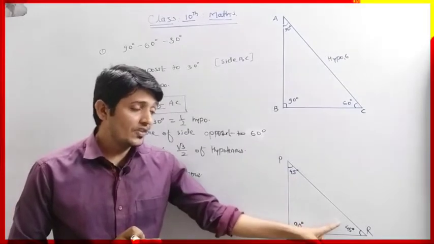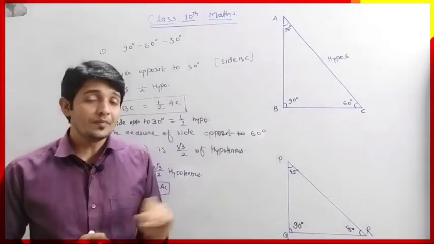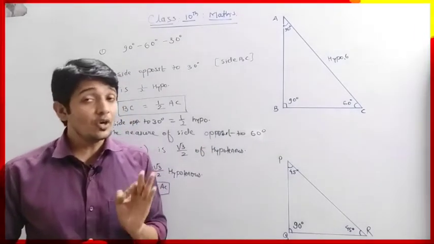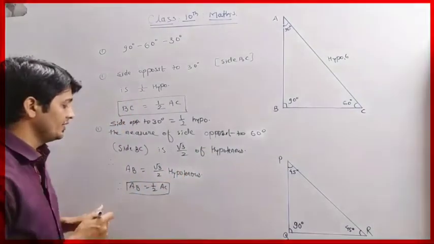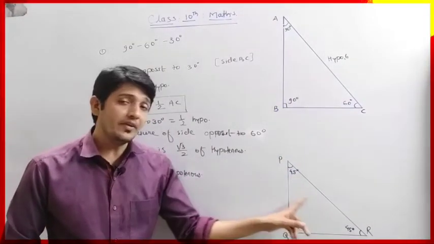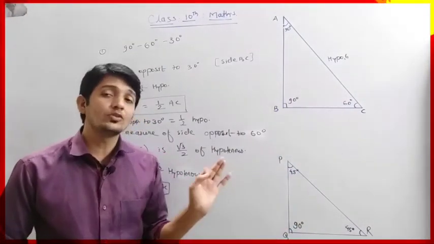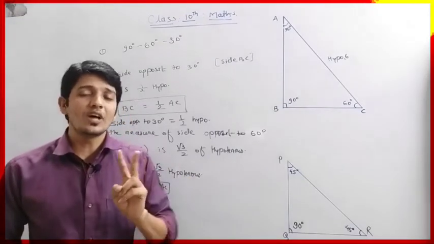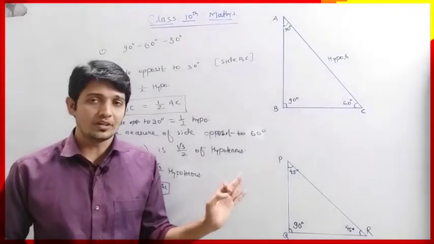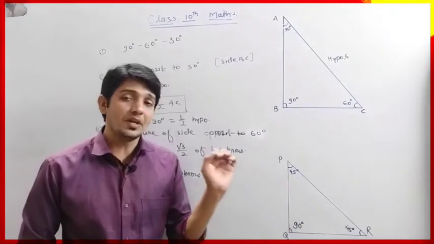These two other angles are acute angles and their measure is each 45 degree. So if both of these are 45 degree, that means this is an isosceles triangle where two sides are equal in length, except the hypotenuse. So for this we will write the theorem.